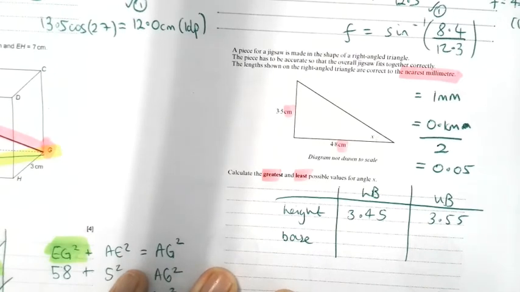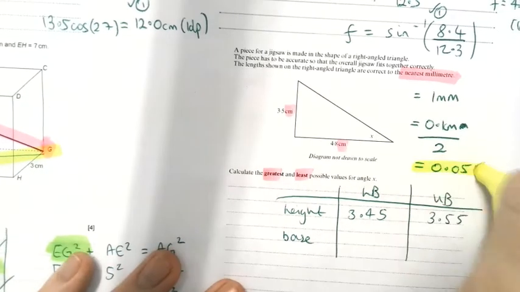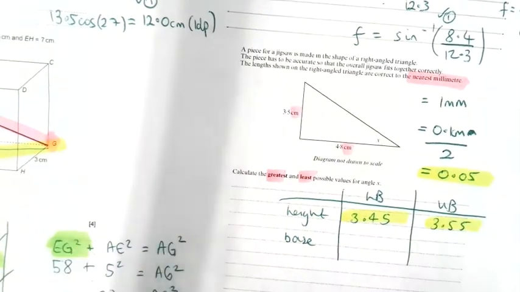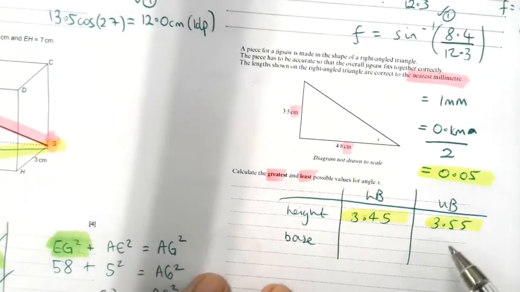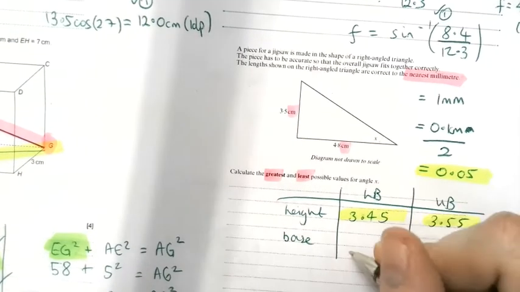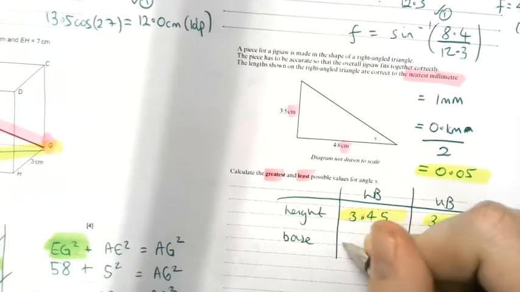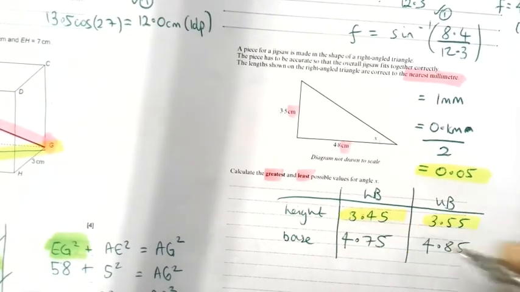Go on, Conrad. Excellent. It's this answer here that's affected those ones there. So if you weren't sure where that's come from, that's where it's come from. Someone who's not Ben or Conrad, can you tell me what the base is going to be? Lydian? Upper bound is 4.85, yeah, and the lower bound is 4.75. Excellent, yeah. Spot on, okay.